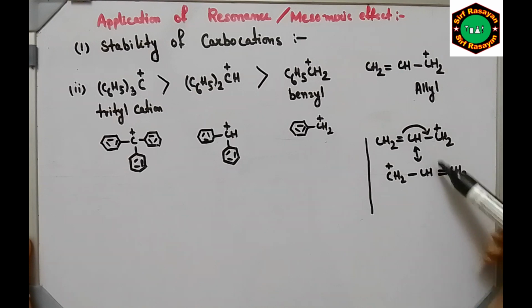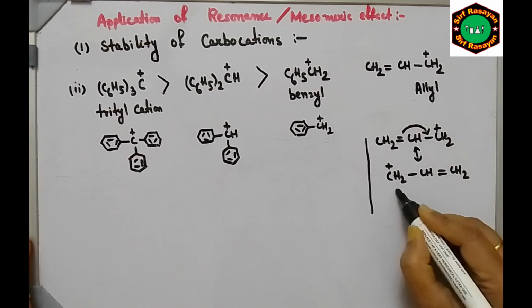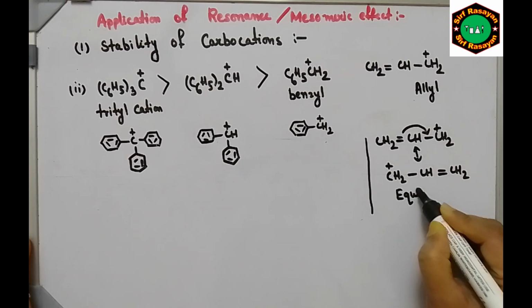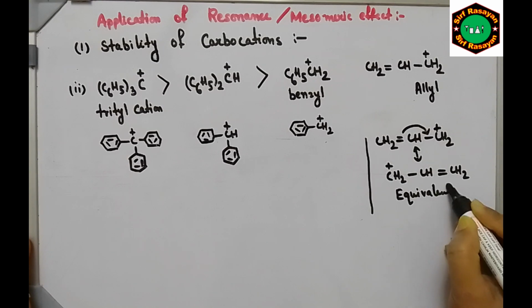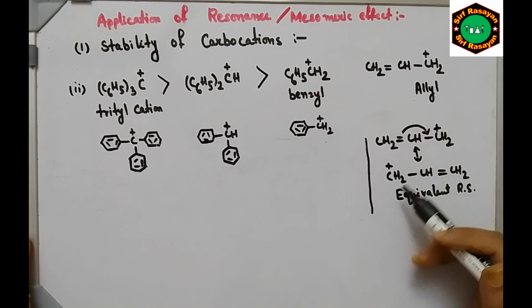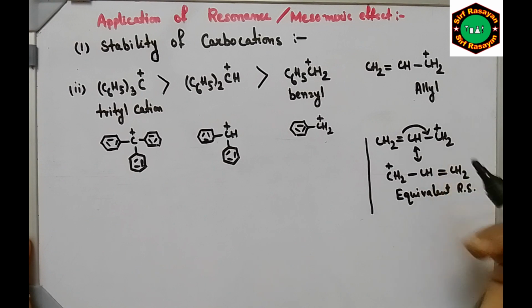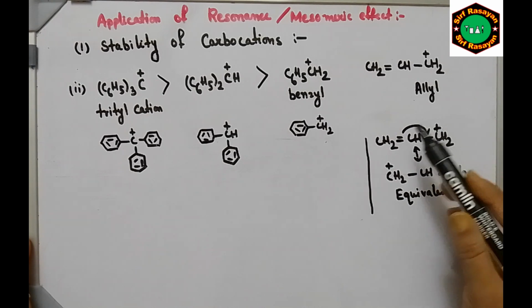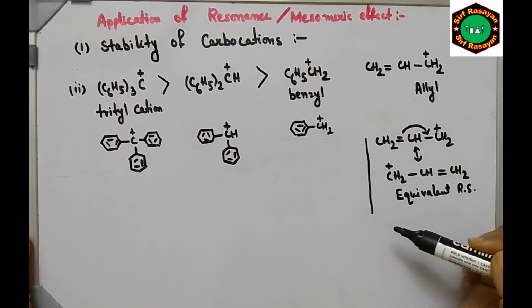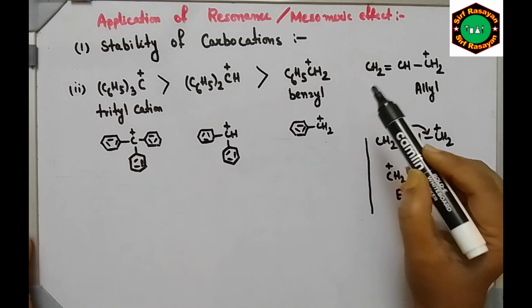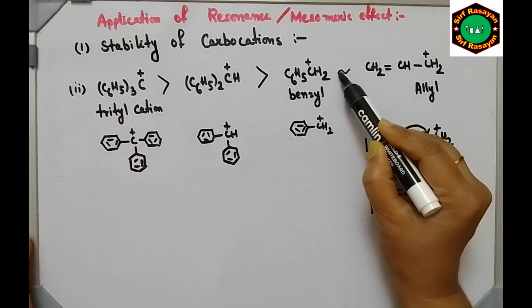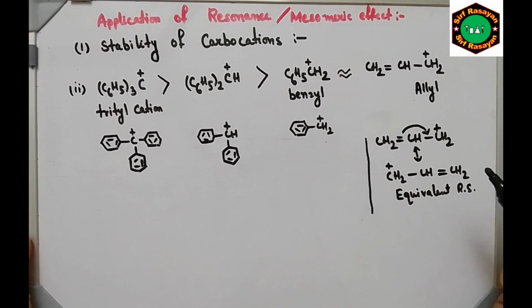So you can see these 2 structures are equivalent resonating structures. They have more contribution to the resonance hybrid. It gives more stability to the system. So in some books it is given that these and these have almost equal stability.